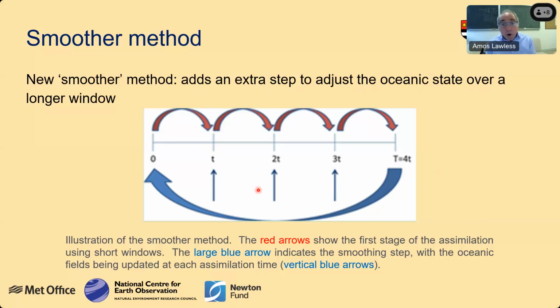Now, we're only using these ocean analyses to calculate the innovations and the background. So essentially, it's like introducing a first guess. So there's no problem of introducing correlations or using the observations twice. But we do this smoother step over the whole window, where we're using these analyses and getting a better fit to the ocean observations over the whole time window.